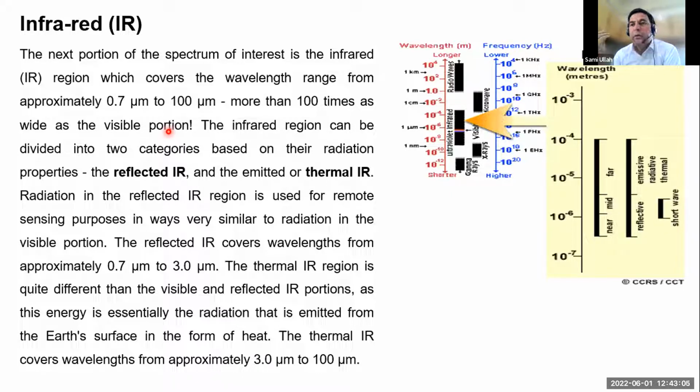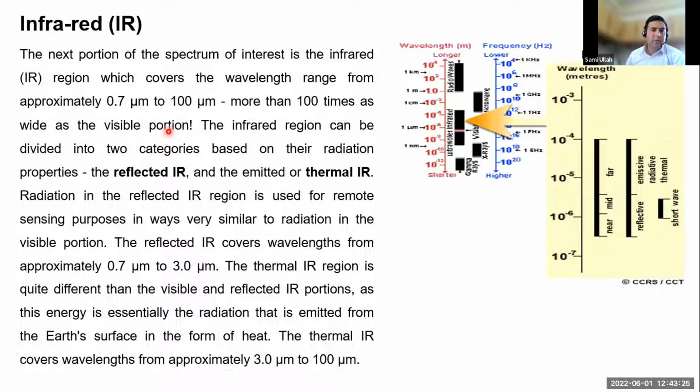We cannot see infrared radiation, but it can easily be detected by the sensors which we have in the satellite. In the infrared, we have the near infrared, the mid-infrared, and then the far infrared.